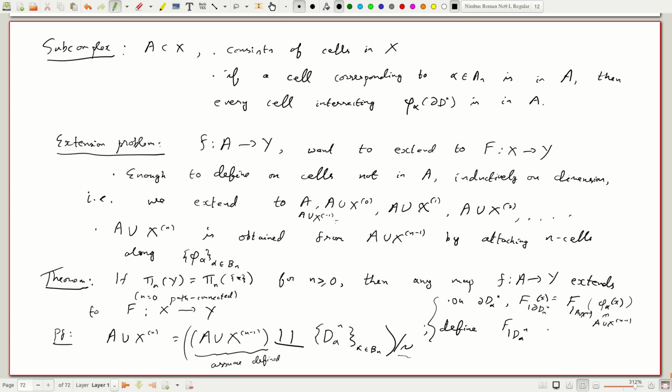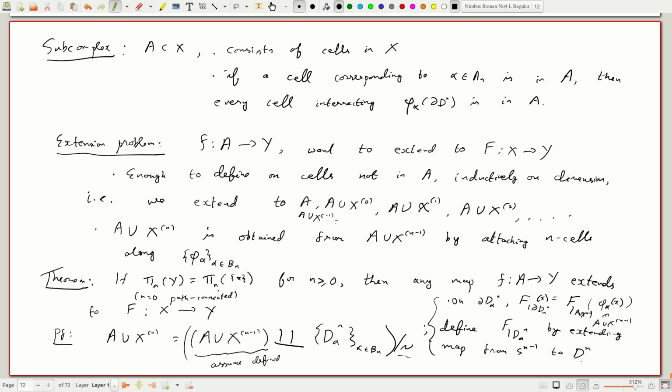Define f restricted to Dn by extending the map from S n minus 1 to Dn. And why can we do this? Because we know all higher homotopy groups are trivial. We saw that, right? For pi 0, this comes from path connectedness.